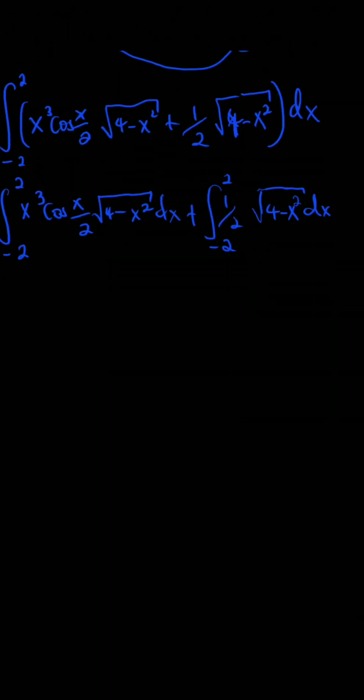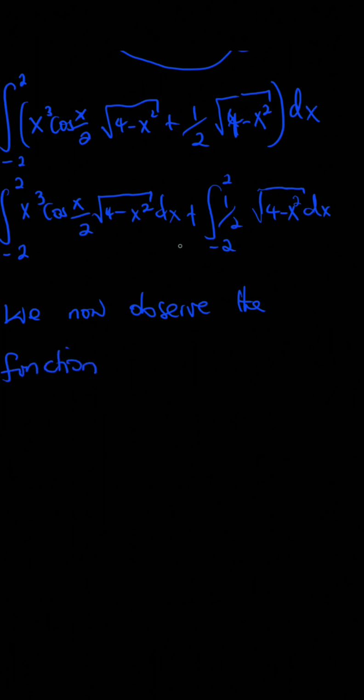So now what we're going to do is observe the first integrand in terms of its parity, if it is even or odd. Upon observing it, we find out that it is odd, meaning that the whole integral of the first part will be equated to 0. Since it is odd, it will therefore be equated to 0.